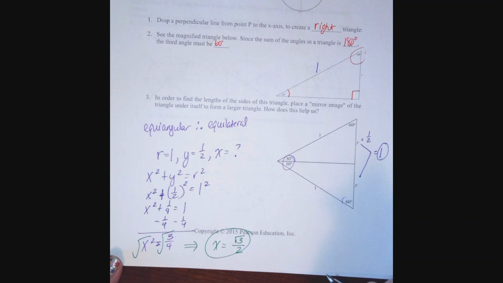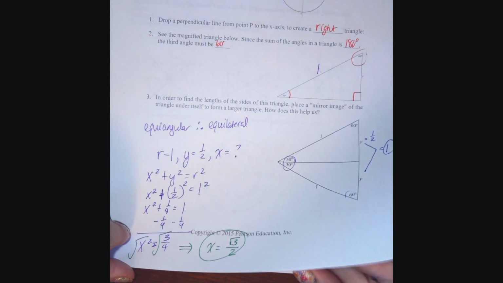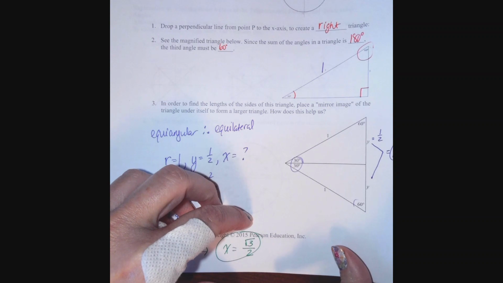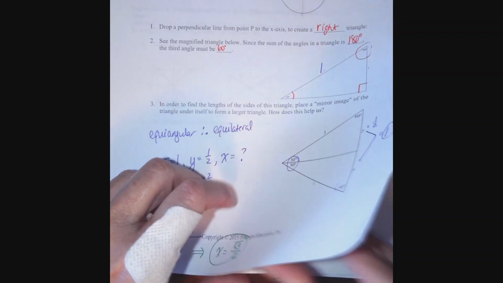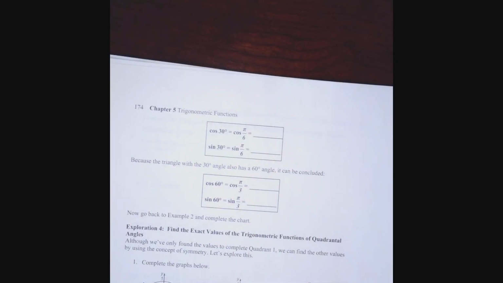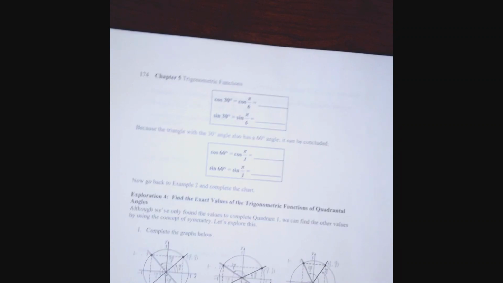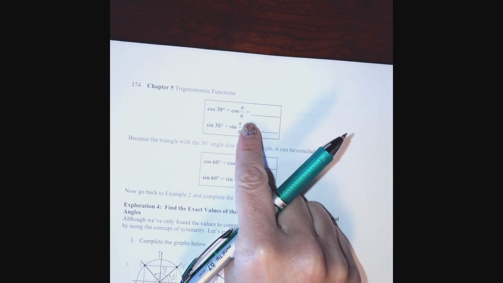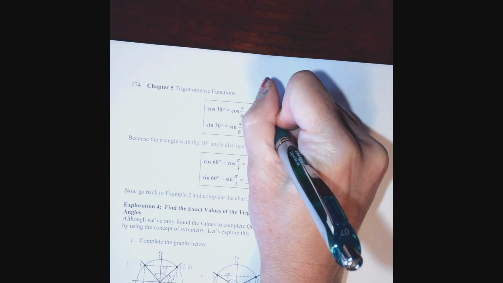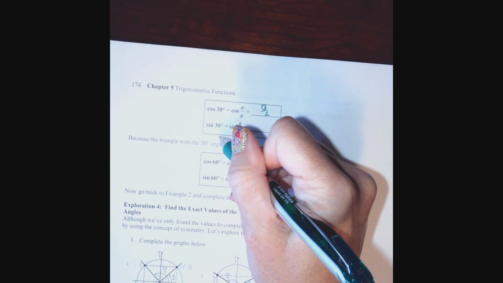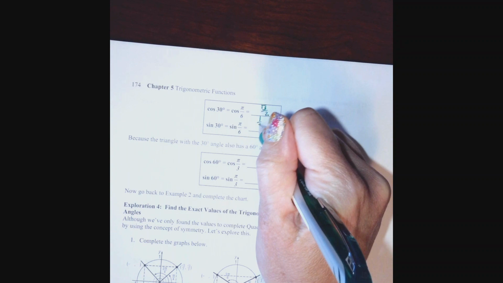So there is my x coordinate for my 30-degree triangle, which corresponds to cosine. So let's look at the next page. We're gonna write that down in a form that we have it arranged to remember. So cosine at 30 degrees, or pi 6, that's the same angle, is square root 3 over 2, and the sine function value at that angle is 1/2.